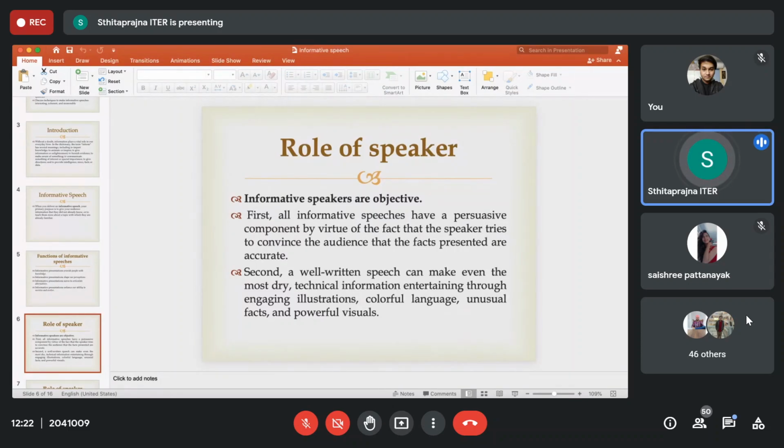For example, if you're going to talk about black holes, now that could be quite uninteresting at times. So you can make that interesting by using powerful visuals or some good illustrations. Maybe you can use some very vivid language or maybe unusual facts that could be really interesting.